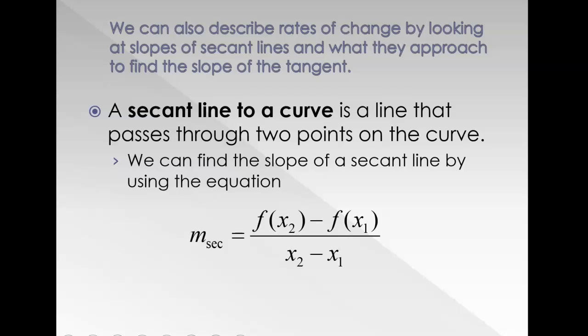The slope of the secant represents the average rate of change. A secant line to a curve is a line that passes through 2 points on the curve. We find the slope of the secant using f of x2 minus f of x1 over x2 minus x1. The slope of the secant represents the average rate of change. That will not leave your head today.